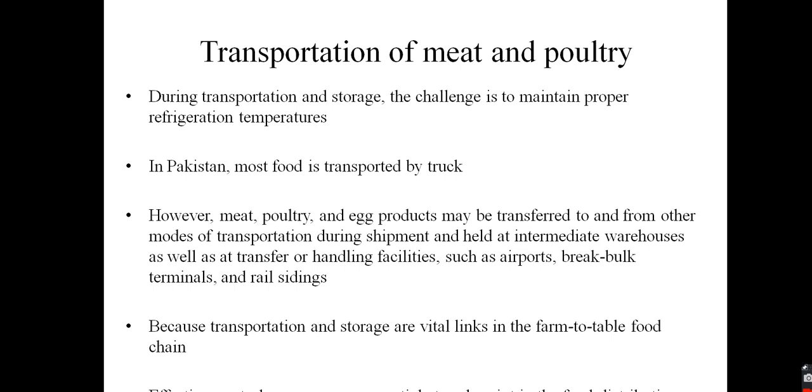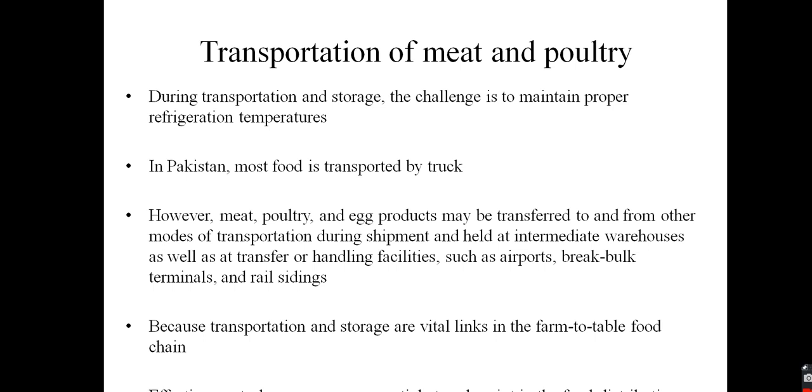Meat, poultry, and egg products will be transferred from one place to another during shipping and intermediate warehousing, as well as transfer or handling facilities such as airports, bulk breaks, and terminals. Transportation and storage play a vital role from farm to fork in the food chain.